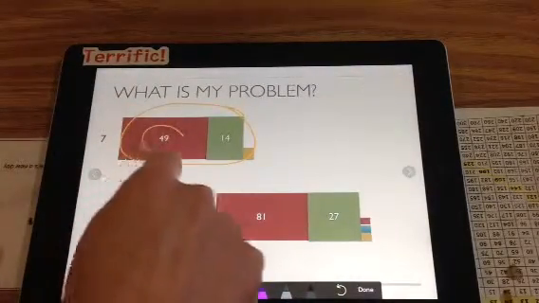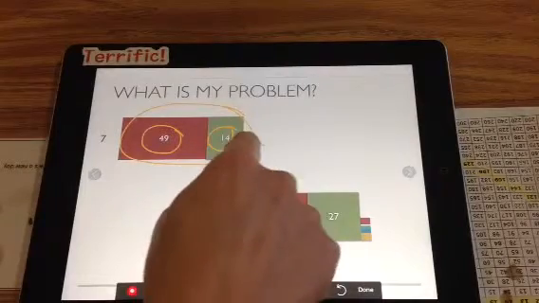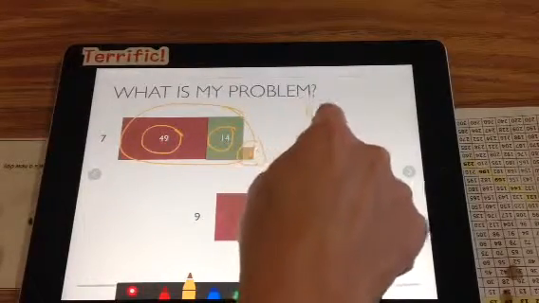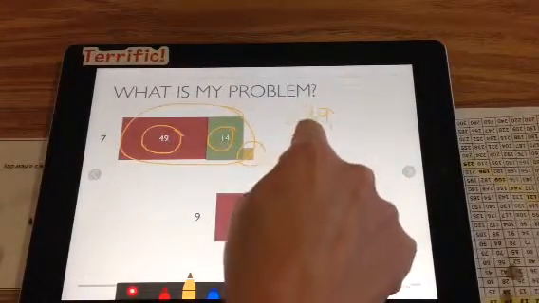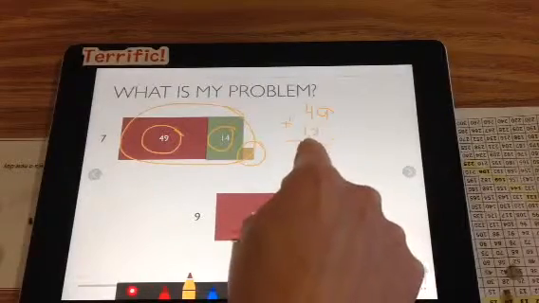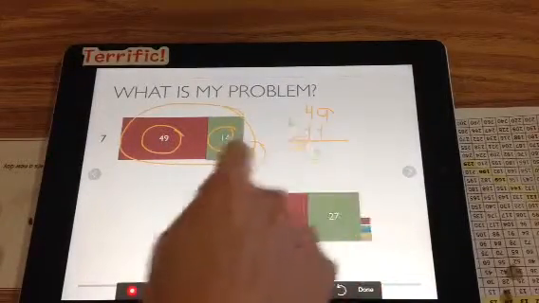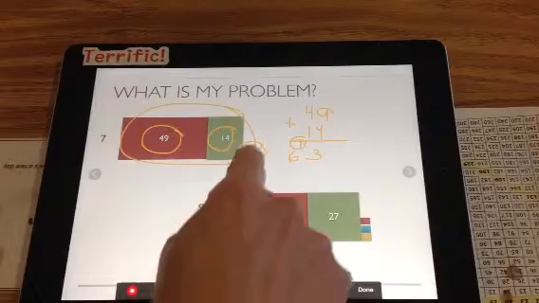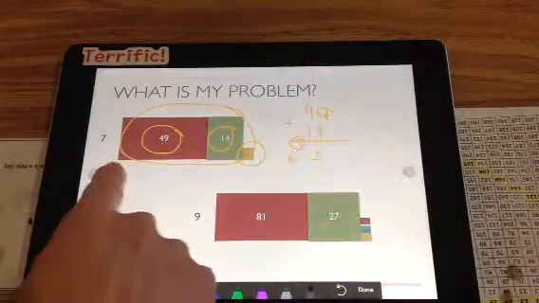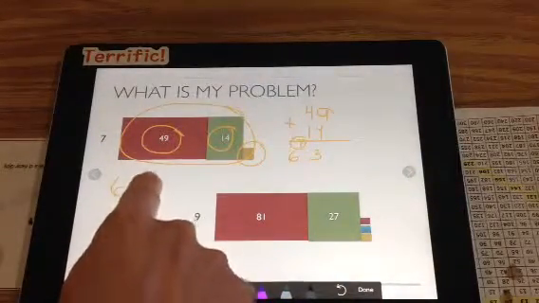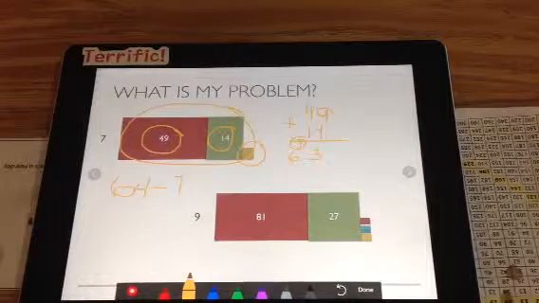So you're going to add up 49 plus 14 plus 1. So 49 plus 14 is 13, carry the 1, 63 plus 1 more is 64. So you really solved 64 divided by 7.